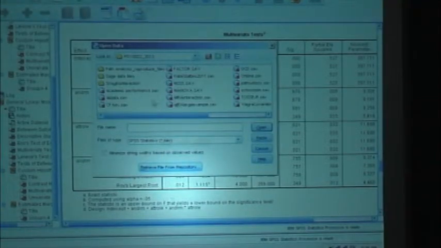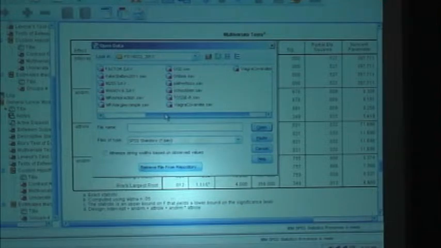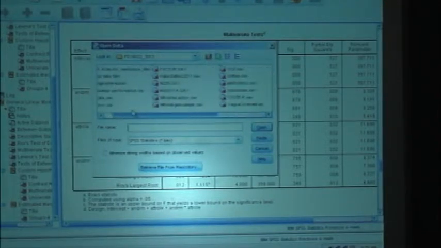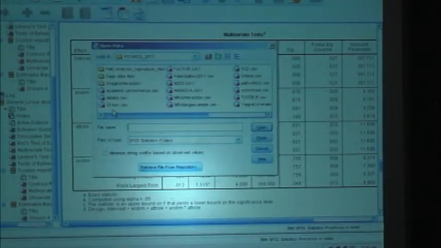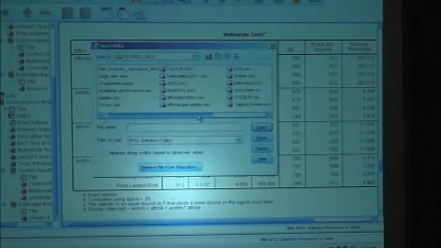Data. This should be some Robbins data. Well, I wonder if I didn't put that on my thumb drive.